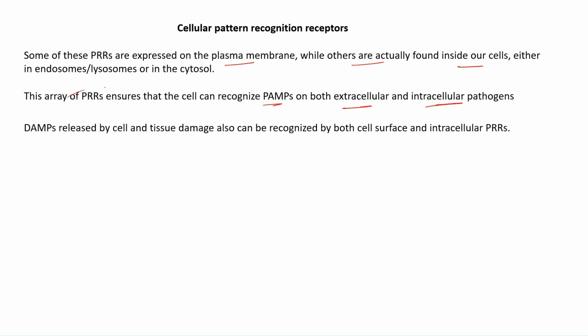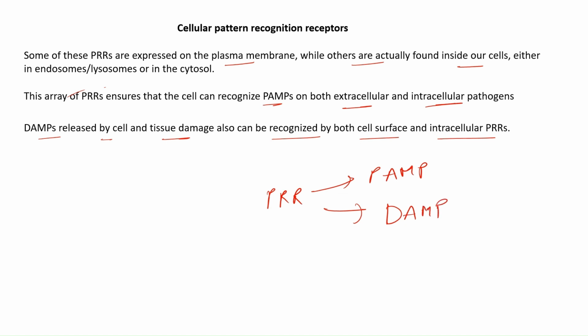Now, DAMPs are released by cells and tissue damage also can be recognized by both cell surface and intracellular PRR. That means basically this PRR helps to recognize PAMPs, the patterns present on pathogens, as well as the patterns present on the self-damaged cells.